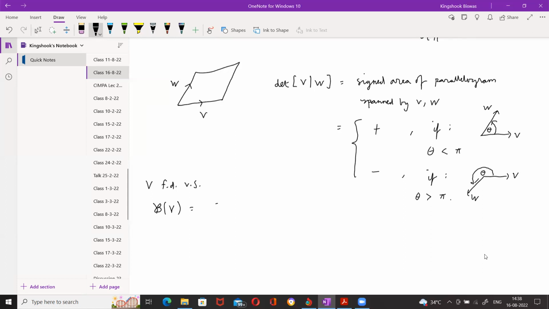So B of V is the set of all V1 to Vn in V power n such that V1 to Vn is a basis of V. So this is the set of all ordered bases of V.